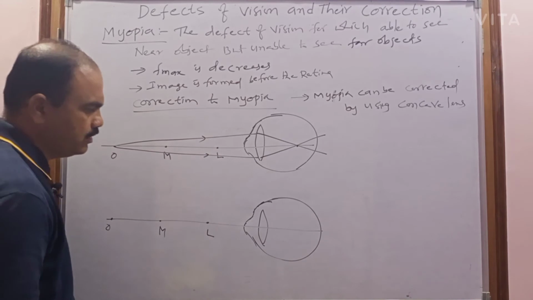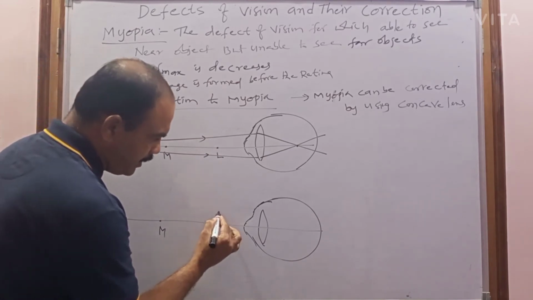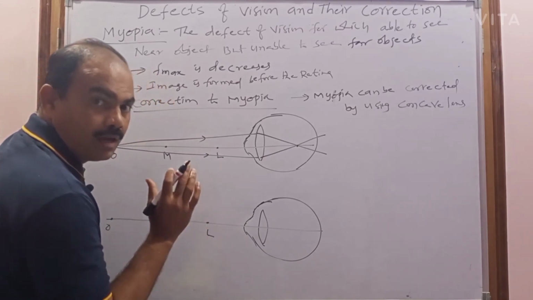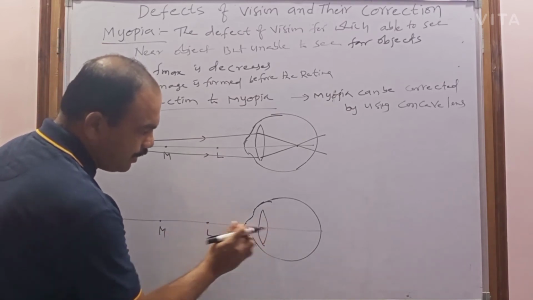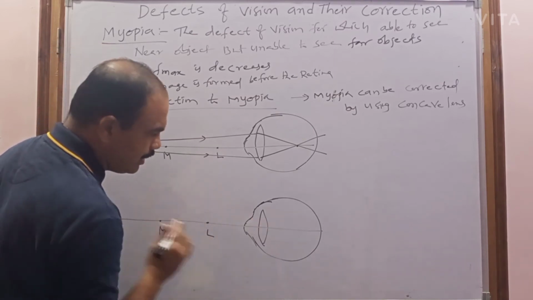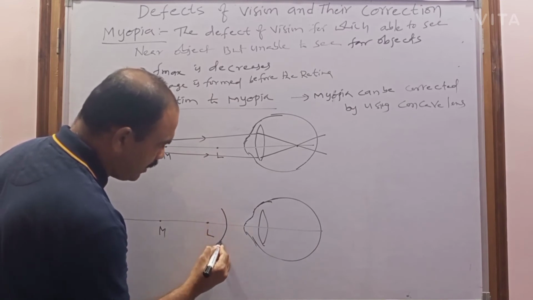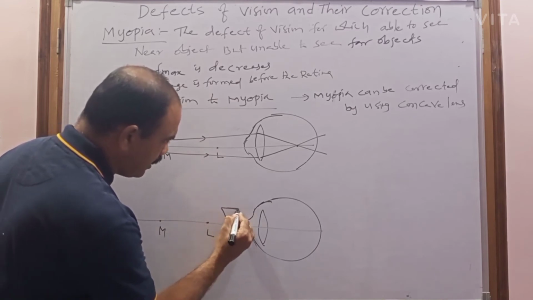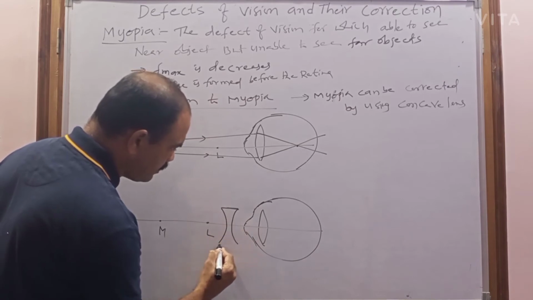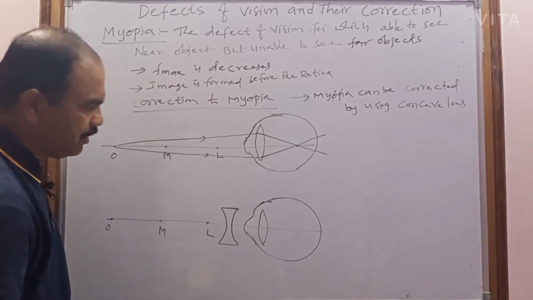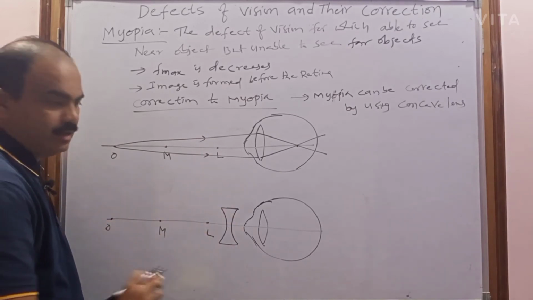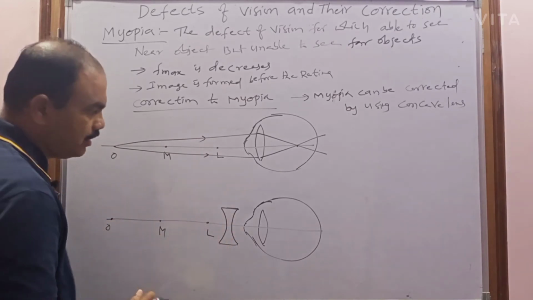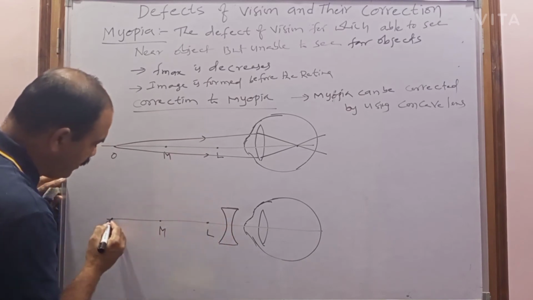So now if I keep a concave lens, a biconcave lens or double concave lens, in front of this eye lens, this is a human eye lens. So now I am keeping here a concave lens, a double concave lens. So then what happened? For this lens, who is the object? The real object is the object for this lens. This is the concave lens. Now for this concave lens, this is the object.